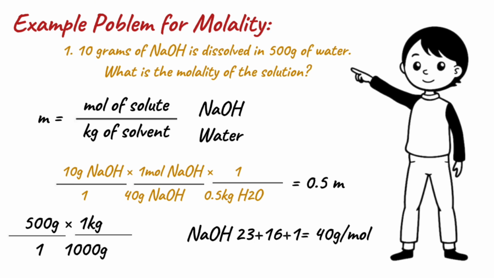So we're going to divide moles of NaOH by 0.5 kilograms of the solvent, which is water. So moles over kilograms, that's going to give us the molality. 10 divided by 40 is 0.25 moles of NaOH, divided by 0.5 kilograms of water gives us a molality of 0.5. So that is the molality of the solution.